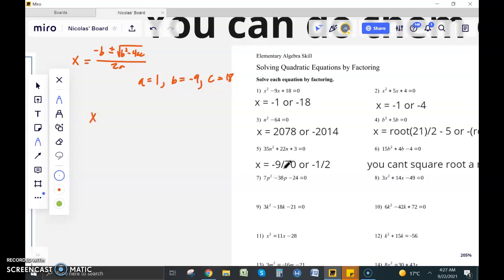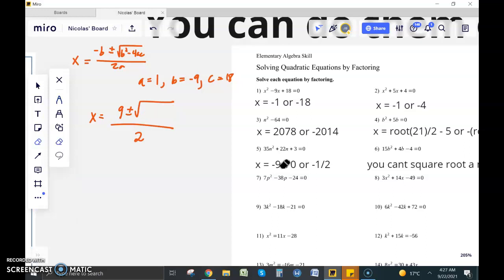So if I plug this in, I'm going to get x equals, well, negative b is positive 9, plus or minus the square root of b squared, well, that's negative 9 squared is 81, minus 4 times a, which is 1, times c, which is 18. 4 times 18 is 72. So minus 72. All divided by 2 times a, which is 2 times 1, which is just 2.